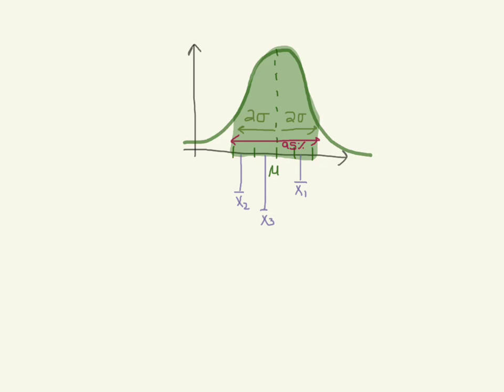Then we do a fourth one, and that one just barely makes it. And then we do a fifth one, and guess what? The fifth one is outside this area. Then we do a sixth one, and we see that 95% of the time, it's going to fall within 2 standard deviations away from the population mean.